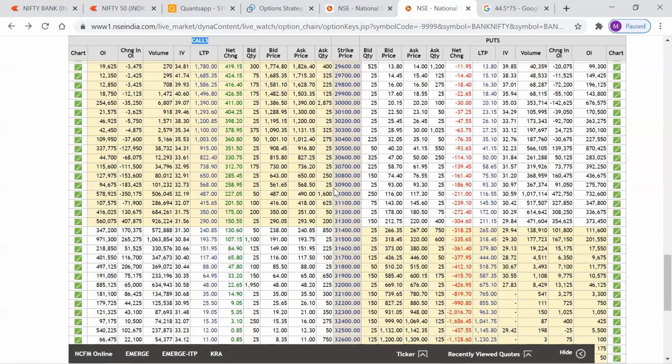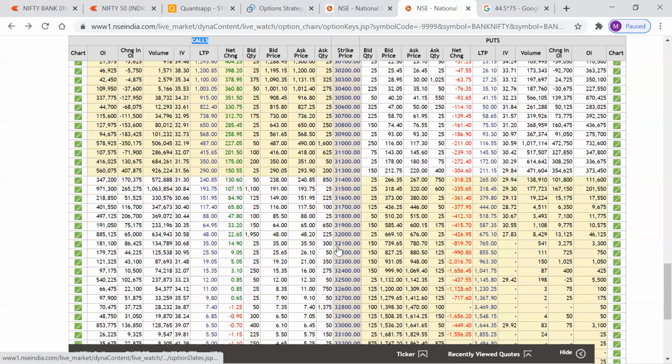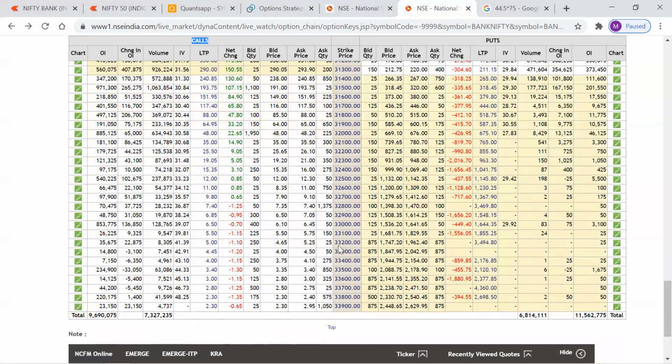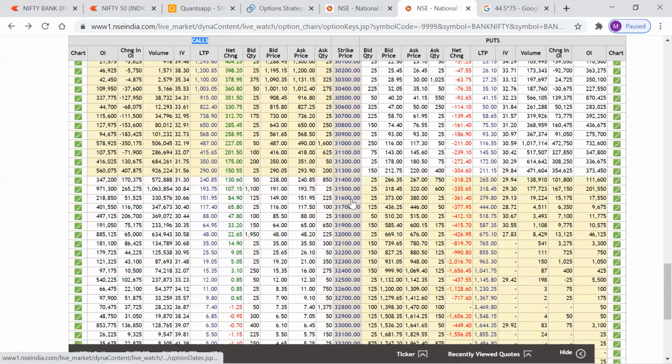A few choose the 30,900 strike, a few choose 30,200, a few choose the 32,100 call strike, or the 33,200 put strike, whatever it may be. There are a lot of people with different opinions choosing different strikes. Depending upon their orders, the OI value and the change in OI will change every 1 or 2 minutes.